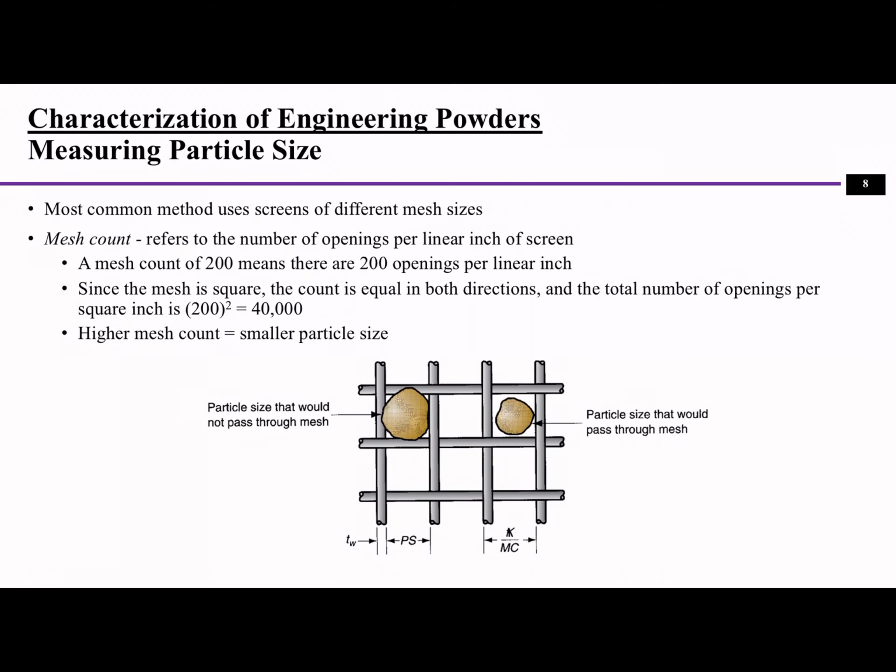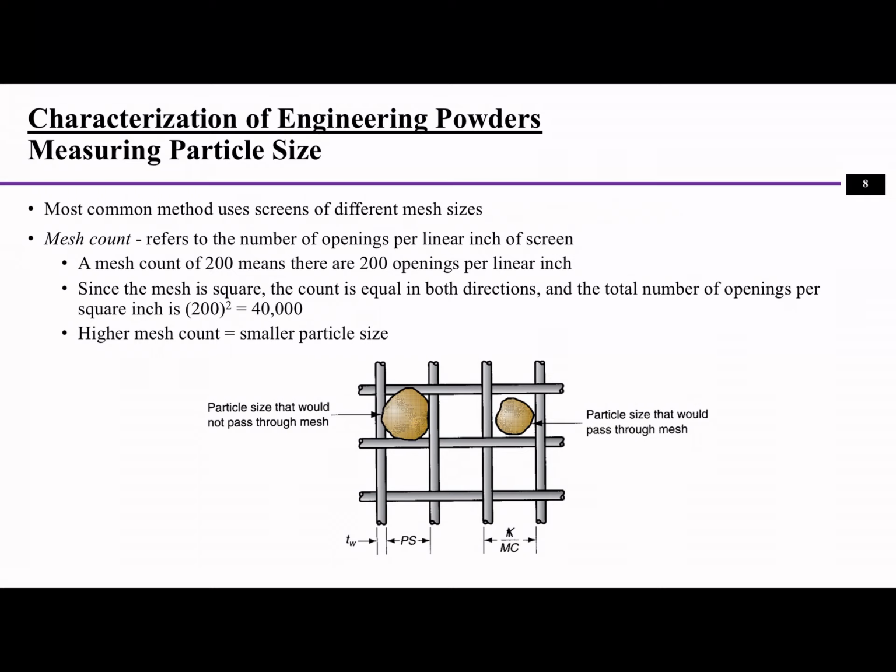Now let's first look at particle size. The particles can be big or small, but how do we measure the size of the particle? One measure is mesh count. Mesh count is the number of openings per linear inch of screen. For example, a mesh count of 200 means there are 200 openings per linear inch.